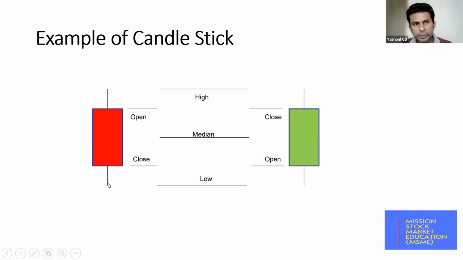Then bulls came into the picture to give some competition, but they were not successful and prices close here. So here bears are dominating. That's the reason prices opened above and closed below. So this is a bearish candle example, right?